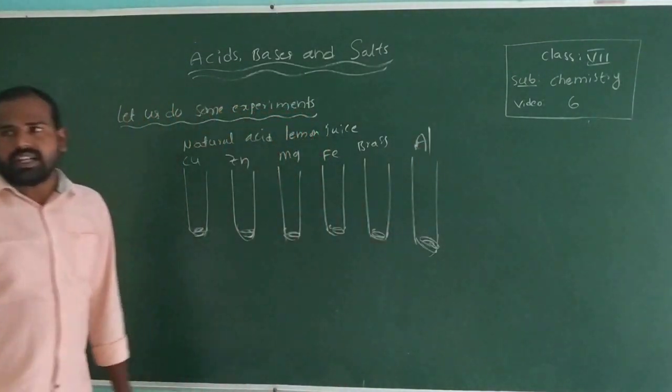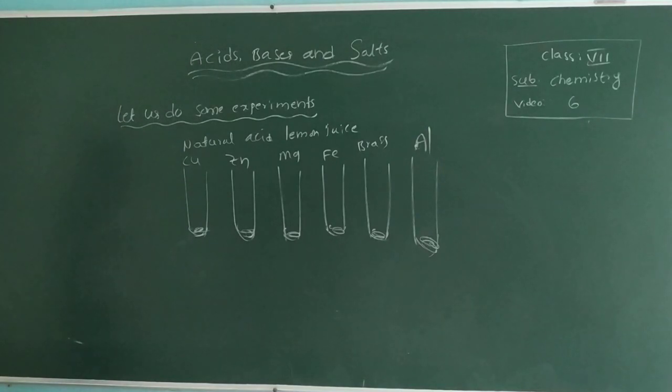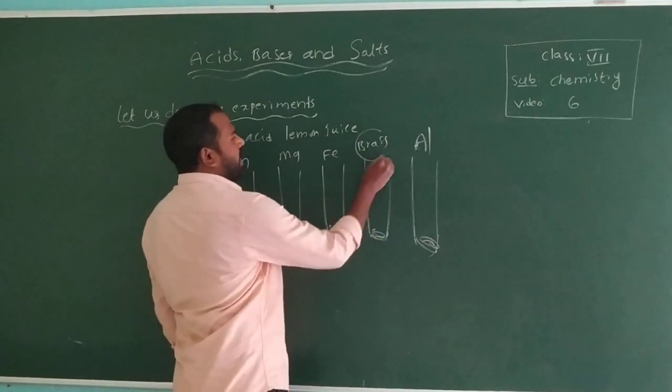Okay, we are taking lemon juice and adding the metals which are copper, zinc, magnesium, iron, brass, aluminum pieces in each of the test tubes. Note down your observation. This is brass, not a metal.